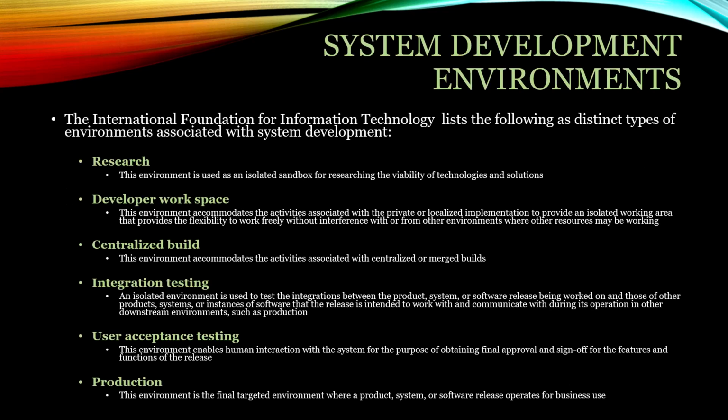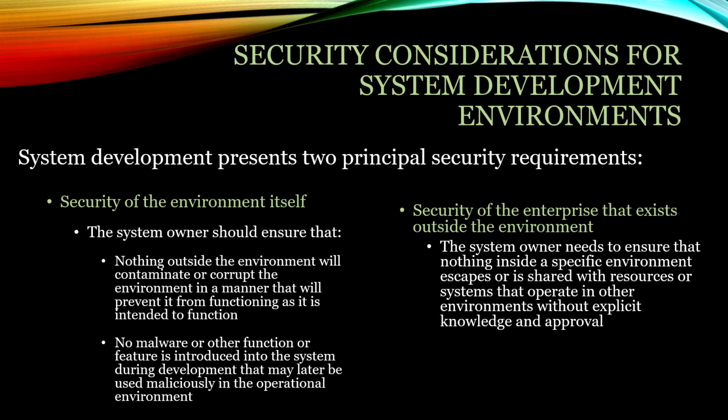Other system development principles for security requirements are broken down into two main categories: security of the environment and the security of the enterprise that will house the program within the overall environment, internal and external to the organization.